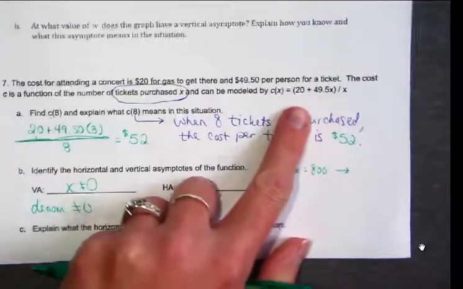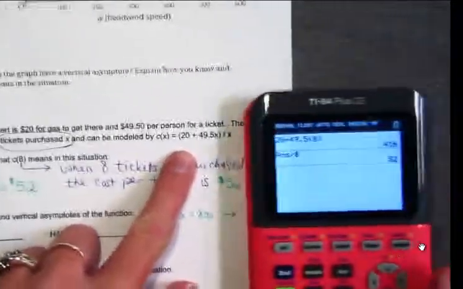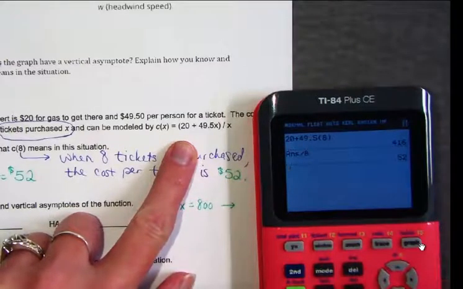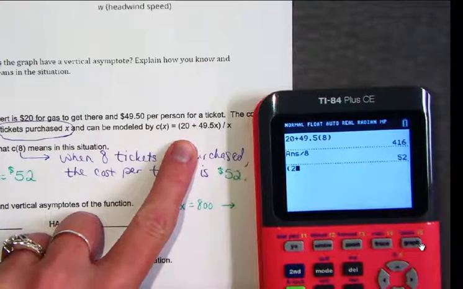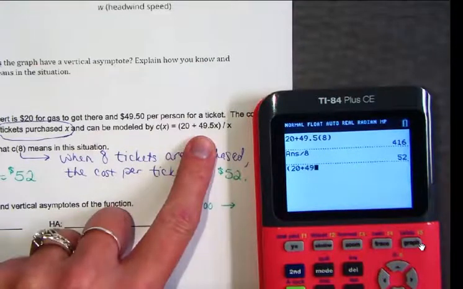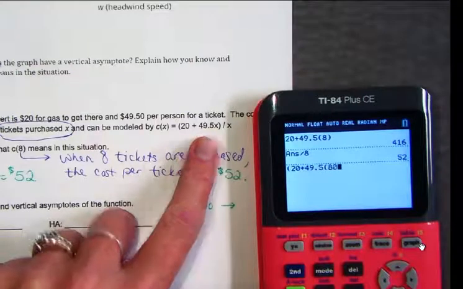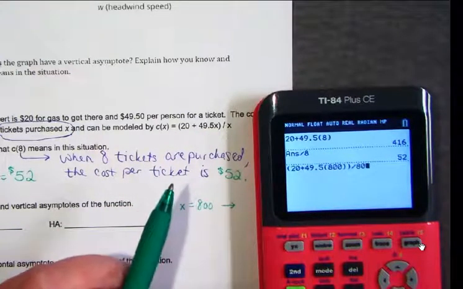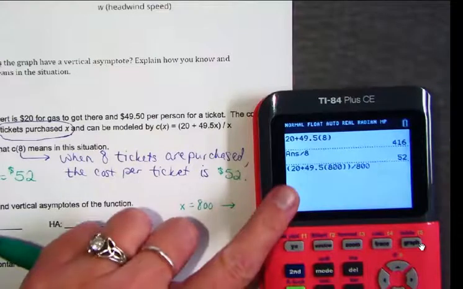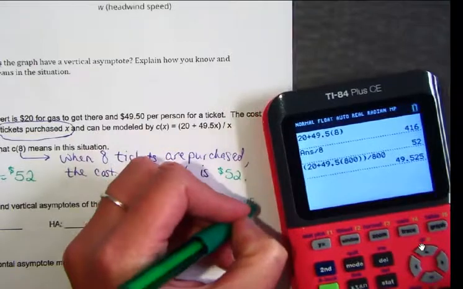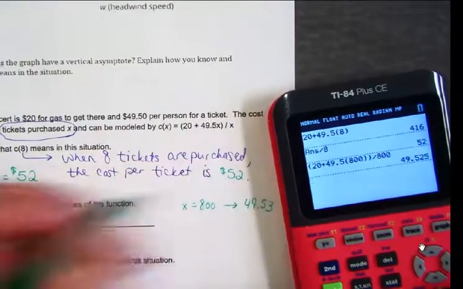So I'm going to just use our equation here. I'm going to type this all in on a single line so I can be efficient and use some items again. I've got 20 plus 49.50 times 800 tickets, and I'm going to divide that by 800, the number of tickets I'm ordering. And this one is $49.53 per ticket.